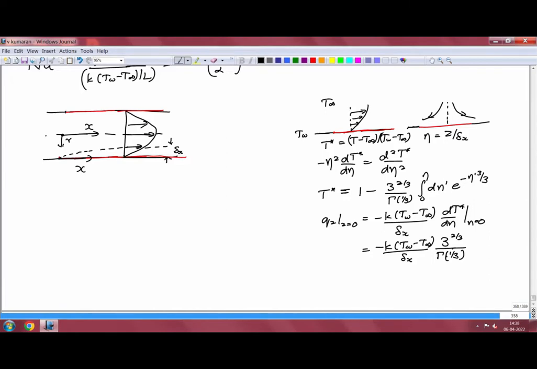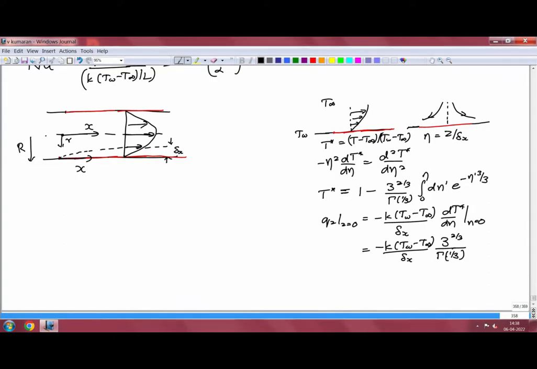If the thickness of the boundary layer within which there is a temperature disturbance due to the heating at the wall is much smaller than the radius r of the pipe, we will come back and examine the conditions under which that assumption is valid.